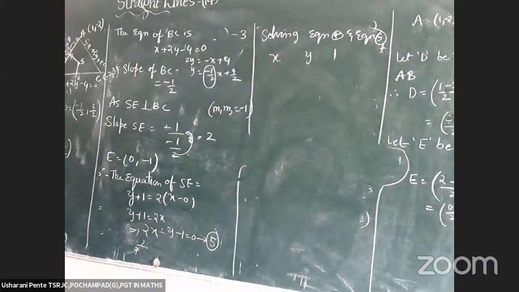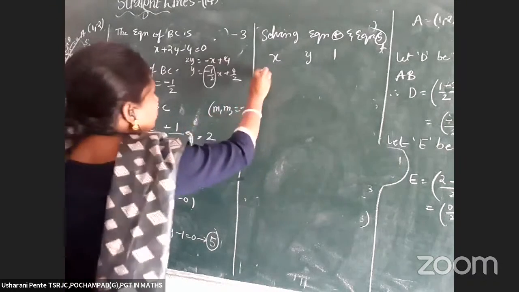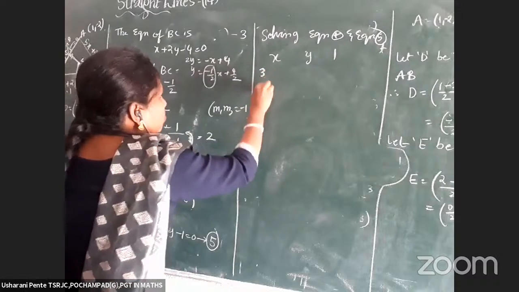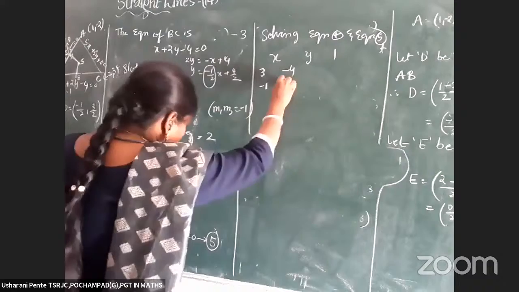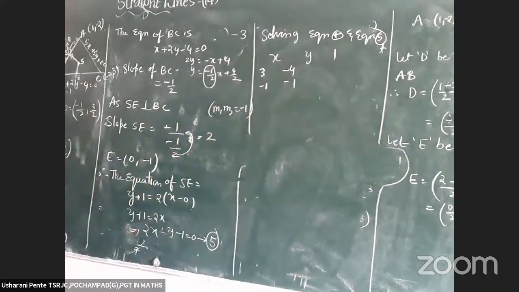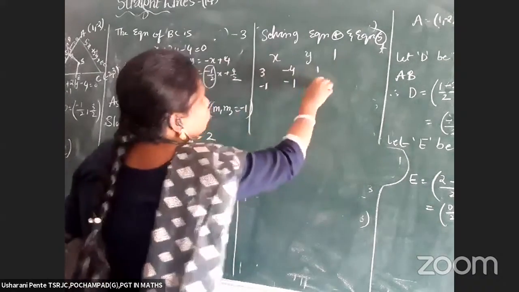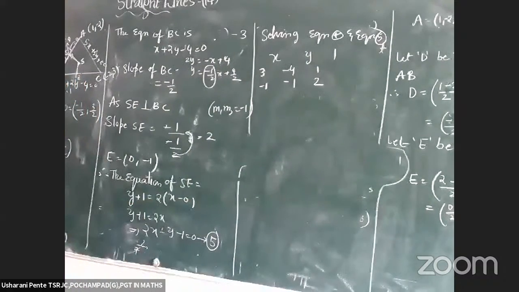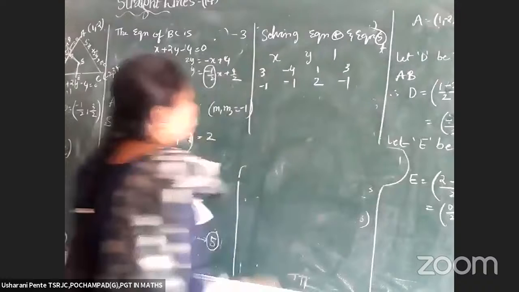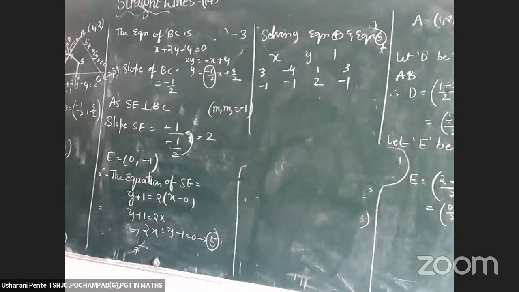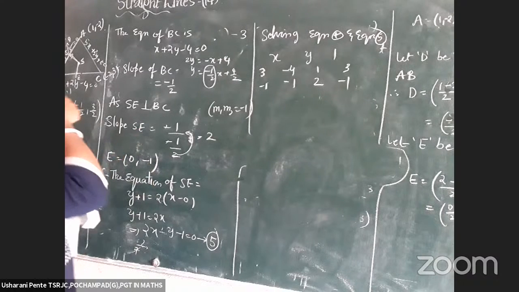What are the things we need to take? The coefficients of x, y: 3, minus 1, minus 4, 1, 2, minus 1. Then 3 and minus 1. That is 3, minus 4, 1, 3, and minus 1, minus 1, 2, and minus 1.